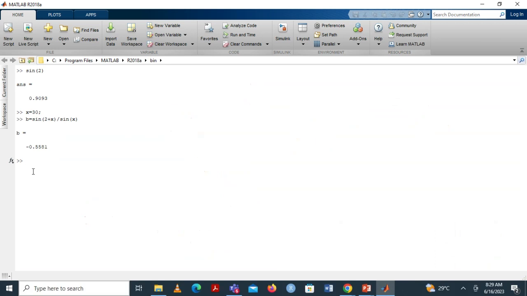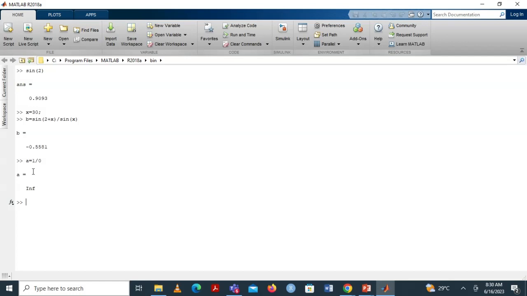Okay, so now let's say I have a function and my function is equal to a, and a is 1 over 0. If I enter 1 over 0 and I press enter, MATLAB will tell me it is infinity.